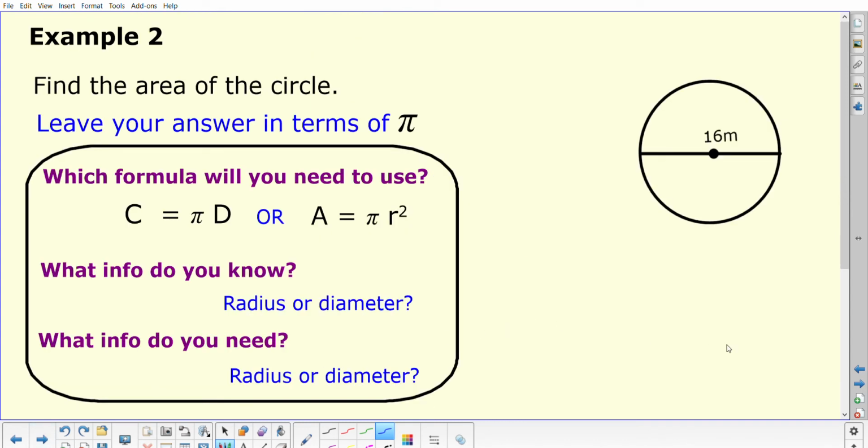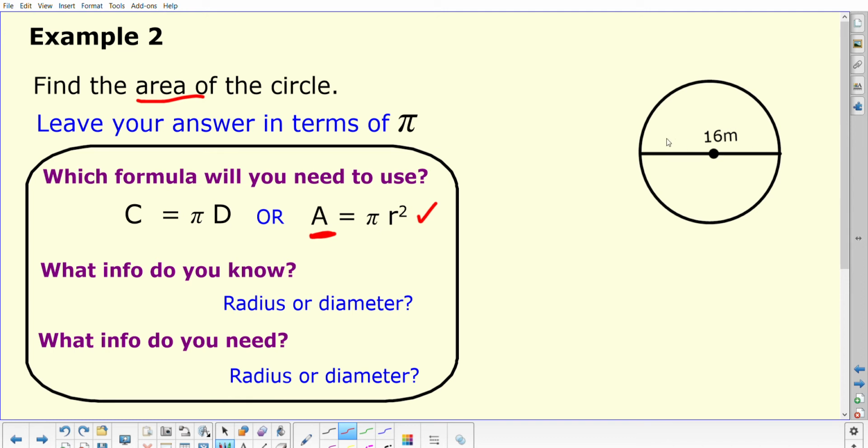Next example: find the area of the circle. Leave your answer in terms of pi. So this is one of these ones where we won't need to press the SD button. So what formula do you need to use? Find the area. So area, the formula with the A in it, so we're going to be using that formula. What information do you know?